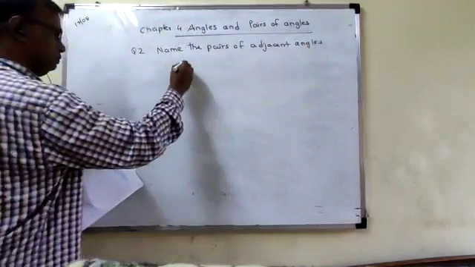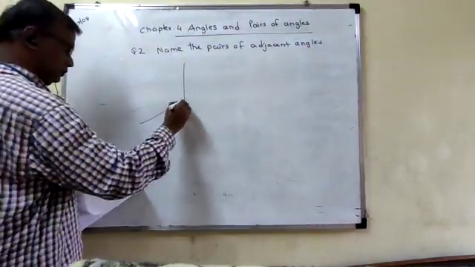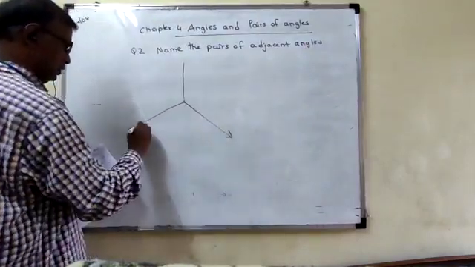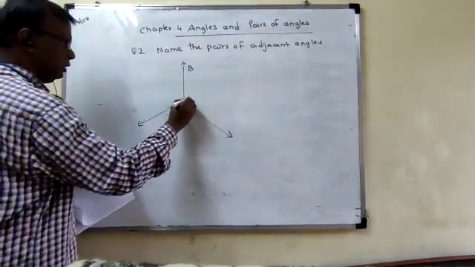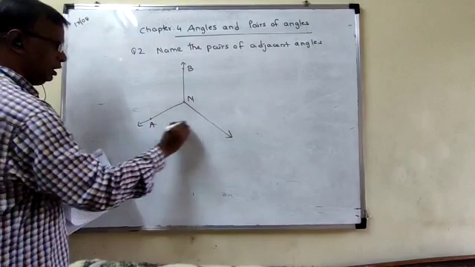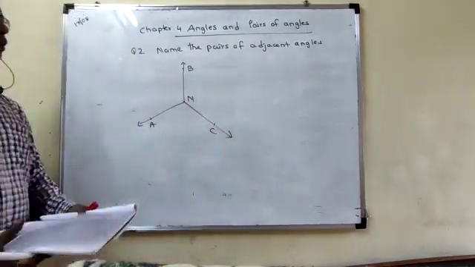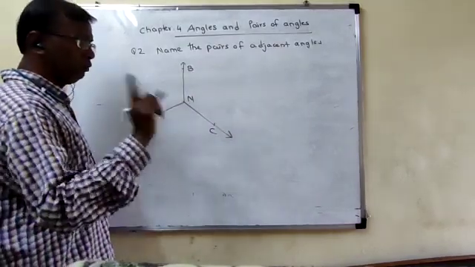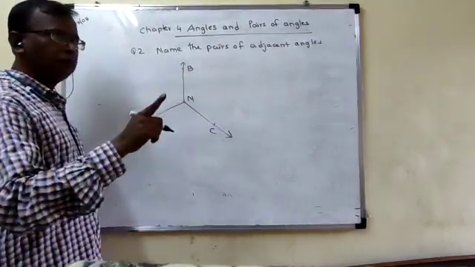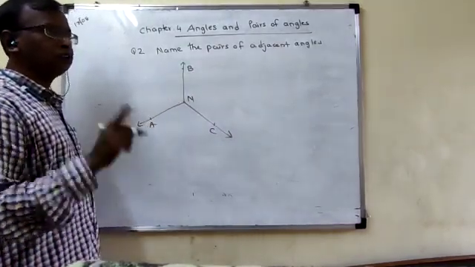The diagram is given. In the first diagram, what alphabets are given here? B, N, A, and C. Now, how to find the adjacent angles? What I told you: they should have a common vertex, common arm, and separate interior.